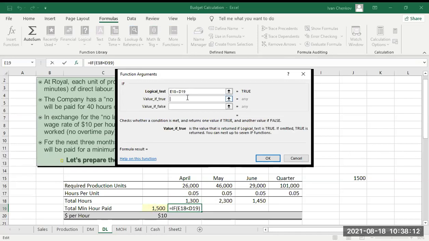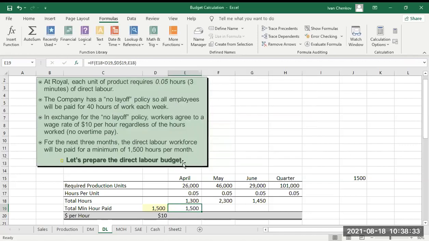If that is true, then this one will be equal to that one. If it's false, then this number will apply. Make sense? Yes, it's an IF condition. So there we go.